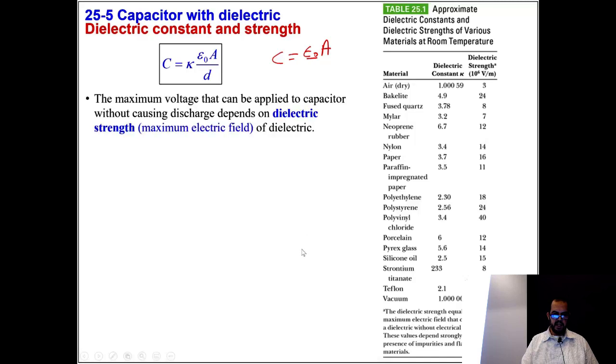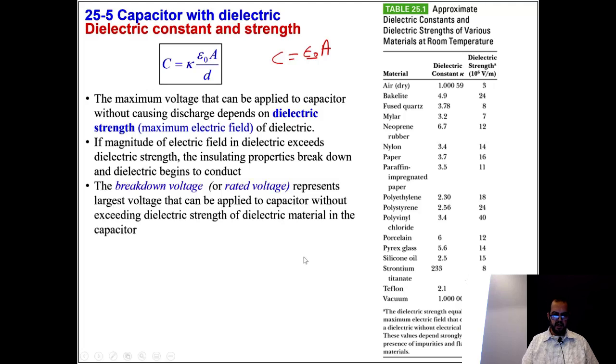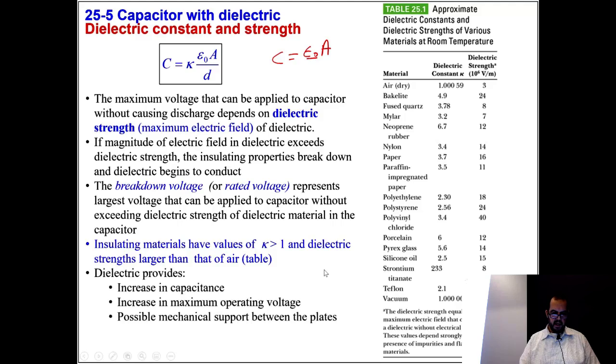We spoke about the dielectric strength, which is the maximum electric field you can apply without breakdown. And the breakdown voltage: if you exceed that voltage, you will have a breakdown and you lose the charge in your capacitor. Insulating materials always have a kappa larger than 1, except obviously air and vacuum.